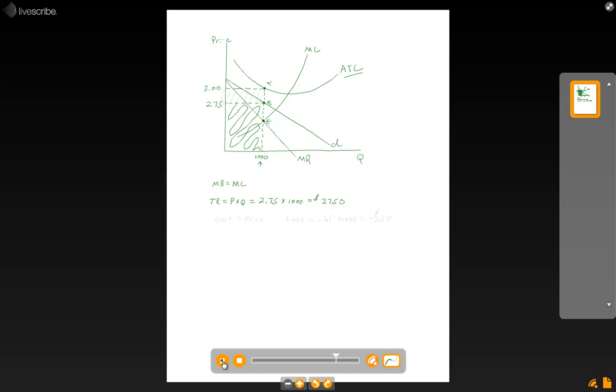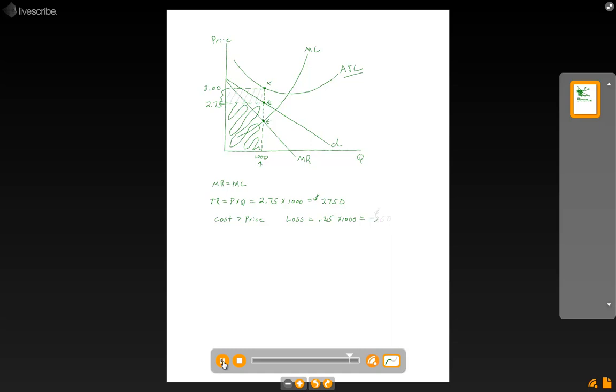So what ends up happening in this particular case is the cost of production is going to be greater than the price that is actually being charged. And in fact, the loss is going to be equal to the difference between these two, which is 25 cents per unit, times the 1,000 units that are being produced.